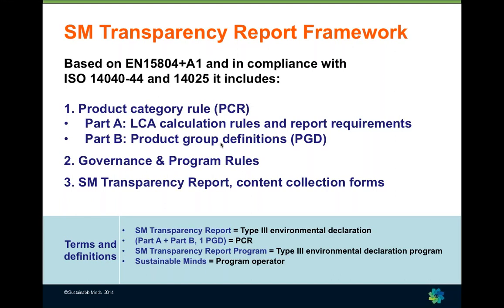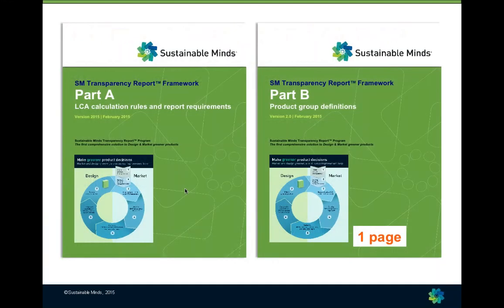And the Part B is a product group definition, and I'll show you what that looks like in just a minute. Our other documents are the governance and program rules, how we operate, and then finally a number of tools for manufacturers to collect and create the data that goes into the transparency report. So it is a standardized format.